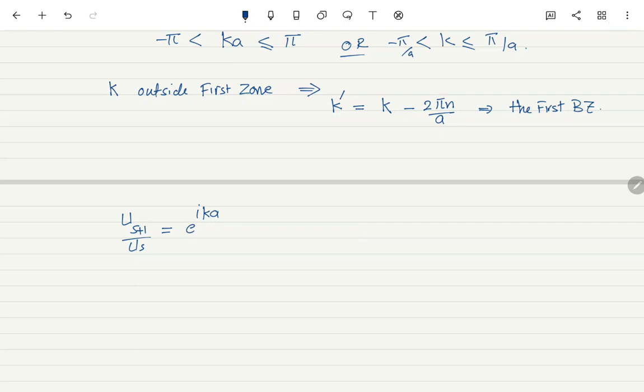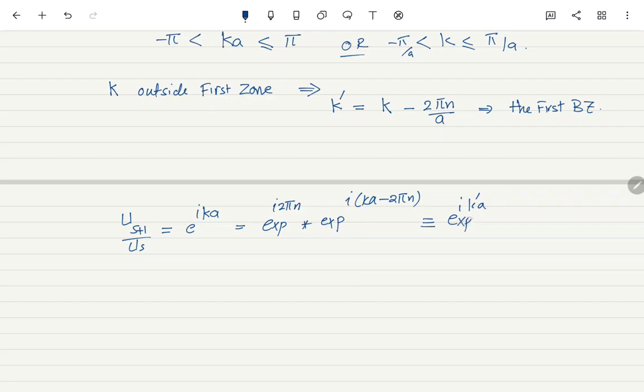Now, if we substitute the new k prime wave vector, we will get e to I 2 pi n times exponential I ka minus 2 pi n, which is equivalent to e to I k prime a.